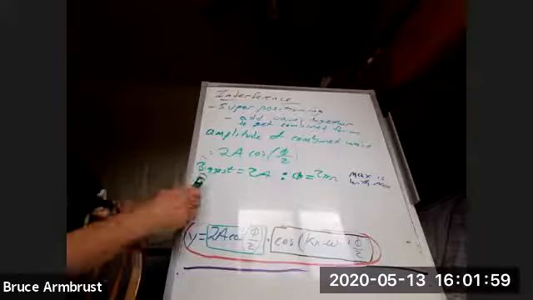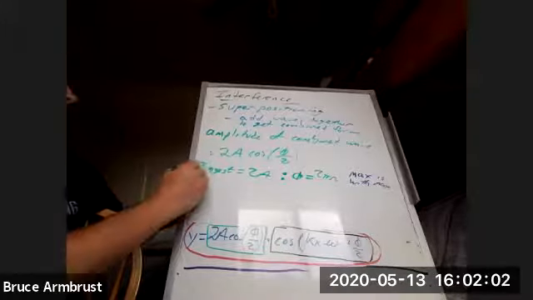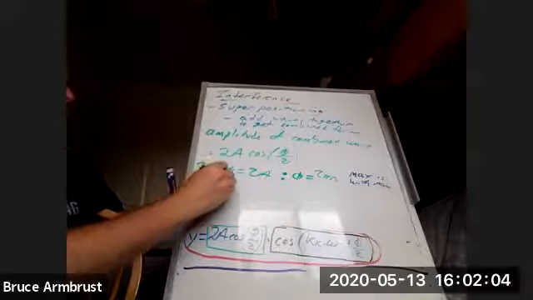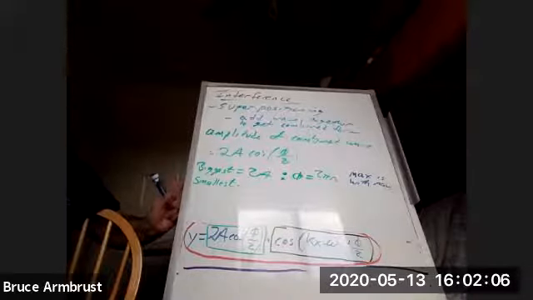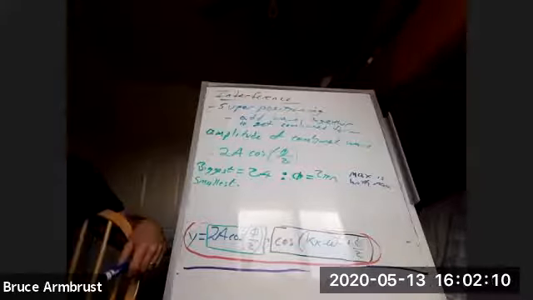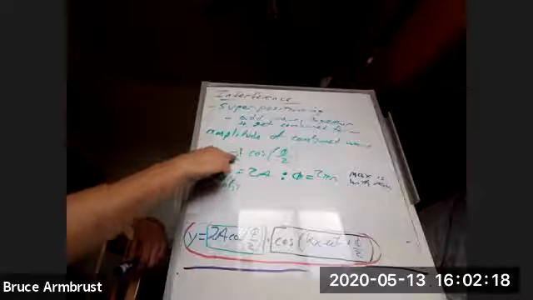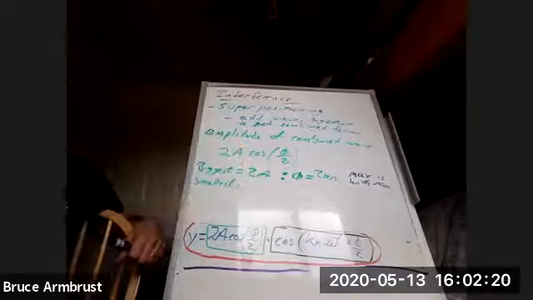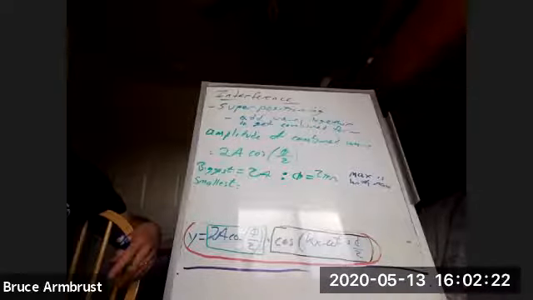Let's think about when this is going to be smallest. What's the smallest number we could get for the amplitude? Negative 2a would be the smallest number on this, but remember the amplitude is the absolute value.